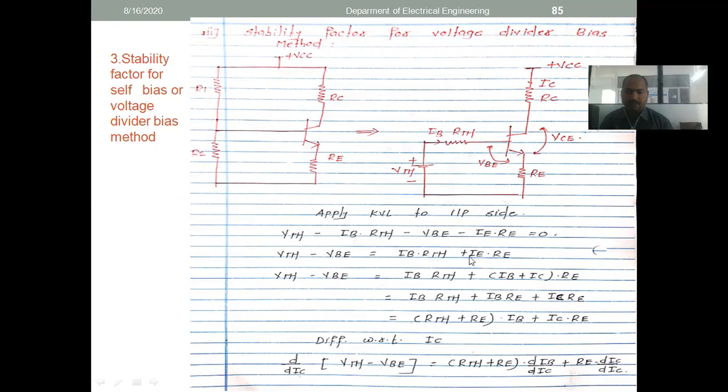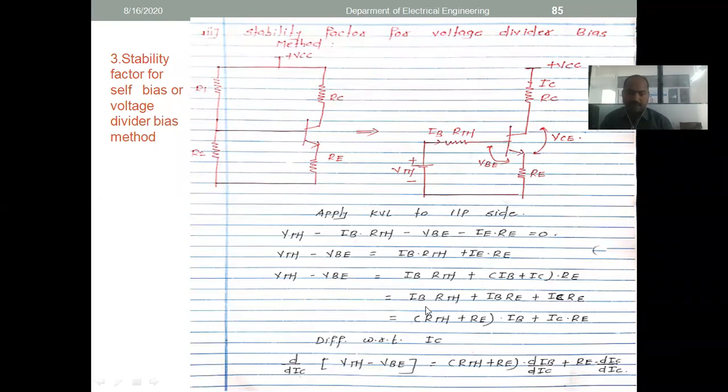So VTH minus VB is equal to IB into RTH plus IE into RE, right? We know that IE equals IC plus IB, so for IE we replace IB plus IC. So VTH minus VB is equal to IB into RTH plus (IB plus IC) into RE, right?